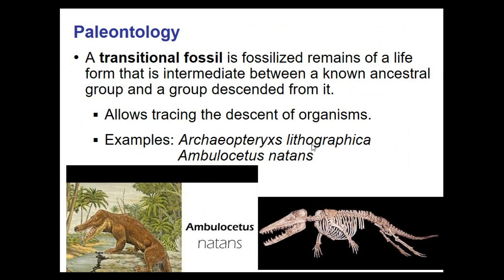This creature had features of both. It had teeth in its mouth. Modern birds don't have teeth. There's no modern bird that has teeth. But this thing had teeth in its mouth. But it had feathers.